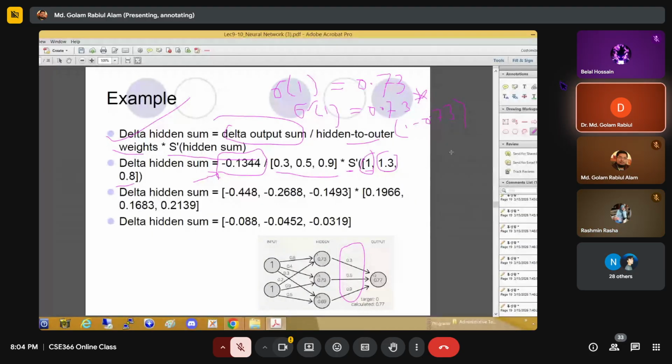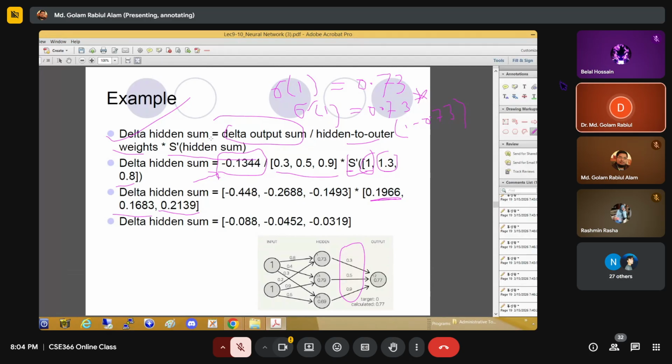Now we can see it will be 0.1966. We have already computed that. If we do the math, the derivative of the sigmoid of 1 will be 0.1966, the derivative of the sigmoid of 1.3 will be 0.1683, and the derivative of the sigmoid of 0.8 will be 0.2139.